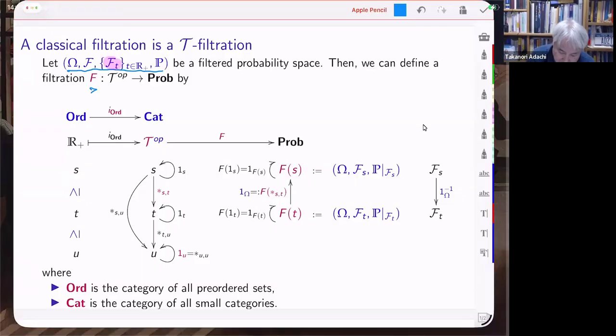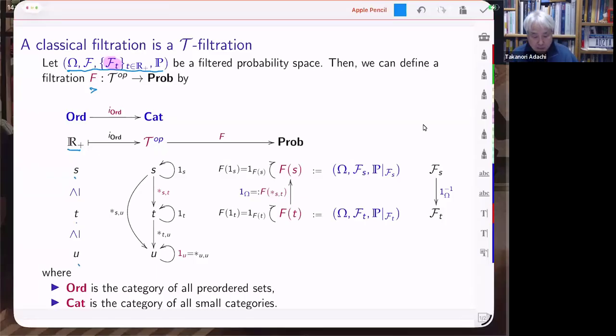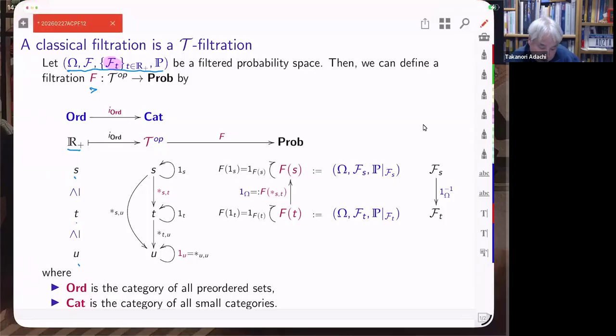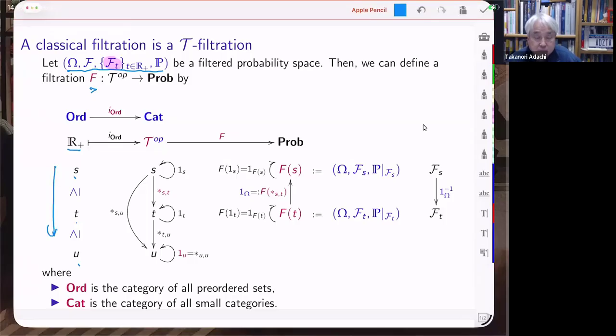Because of the classical filtrations, the time domain is just R plus, or the set of positive real numbers, and these S, T, U are real numbers representing time. Okay, and future is in these directions.